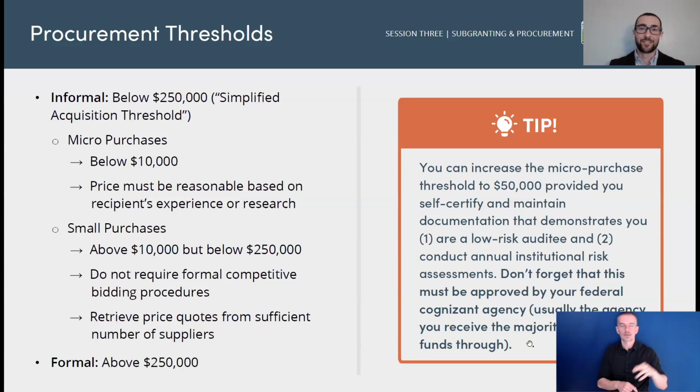That's going to be dependent on your judgment and what you deem to be a prudent number of suppliers. And so that's between $10,000 and $250,000. So it's quite a range there, right? And then anything above $250,000 is going to require formal procurement methods. So those formal procurement methods are going to be sealed bids or proposals. We're going to go through those next.